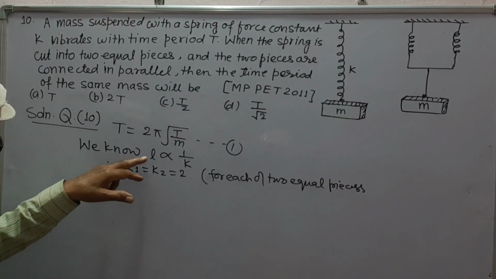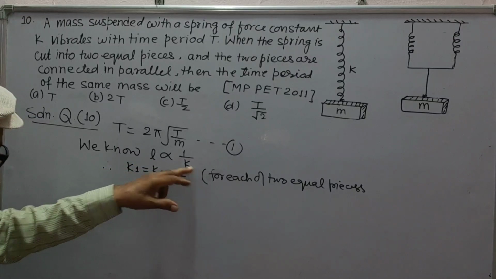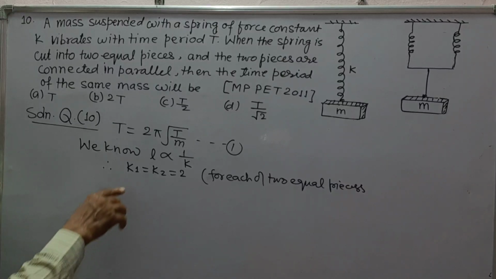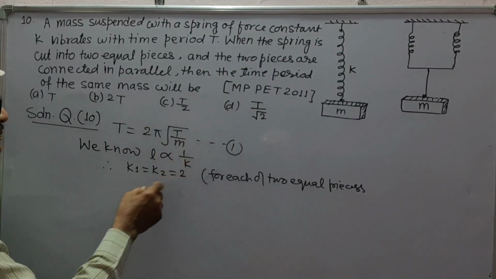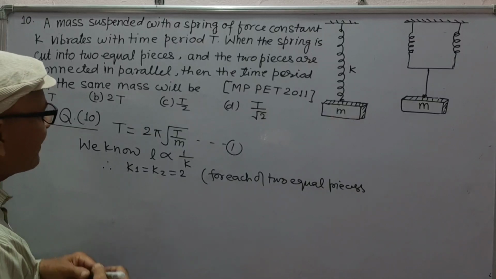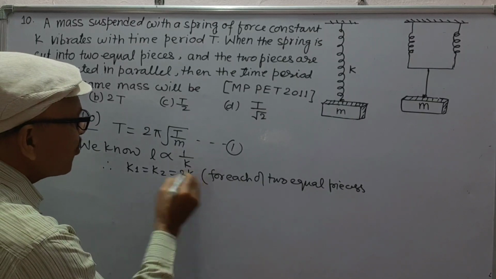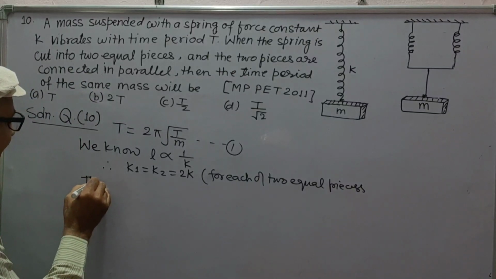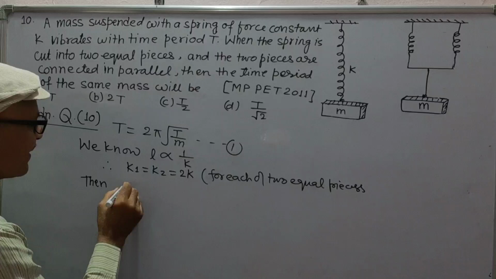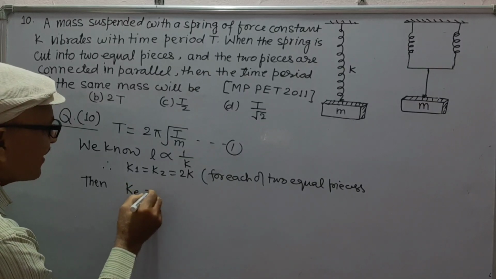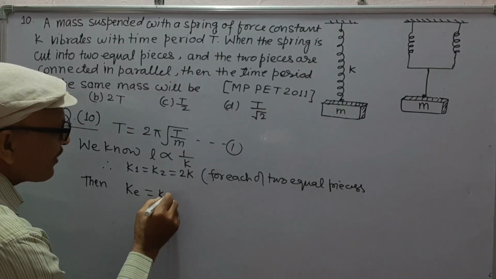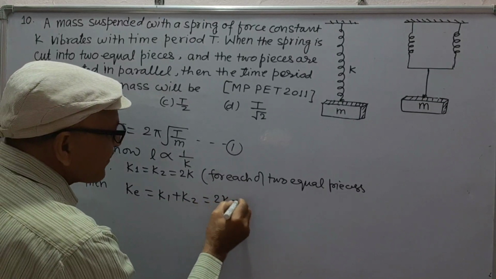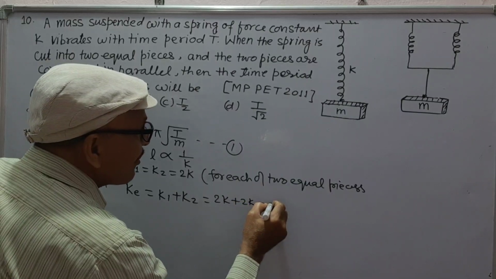Now, we know L is inversely proportional to K, therefore when the spring is cut into two equal pieces, then K of each piece will be doubled, that is K1 is equal to K2 is equal to 2K for each piece. Then K effective will be equal to K1 plus K2, that is 2K plus 2K is equal to 4K.